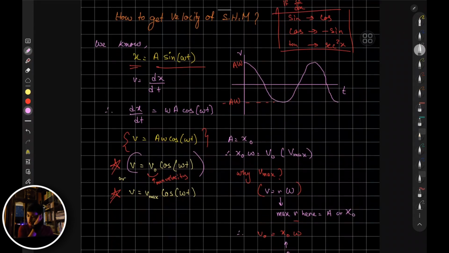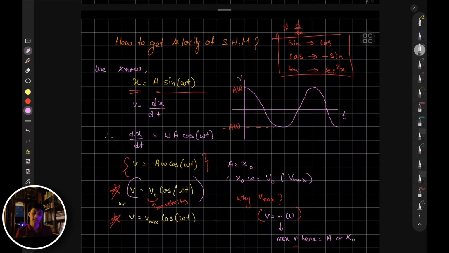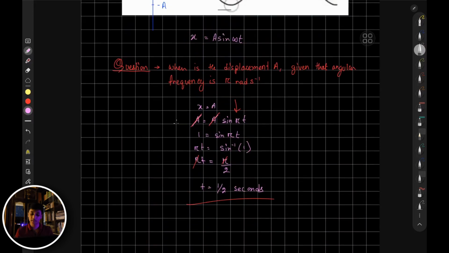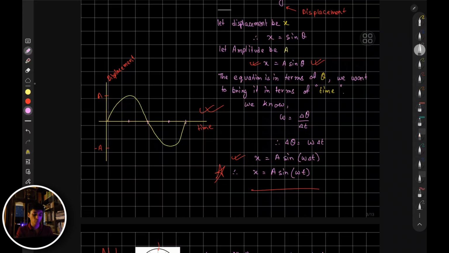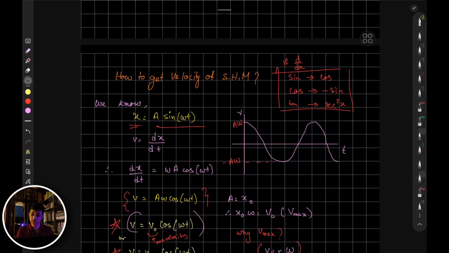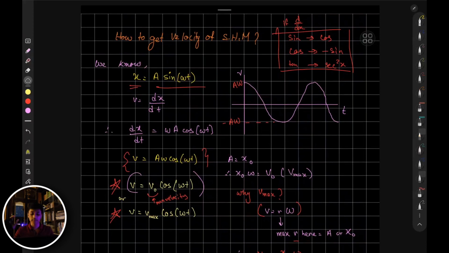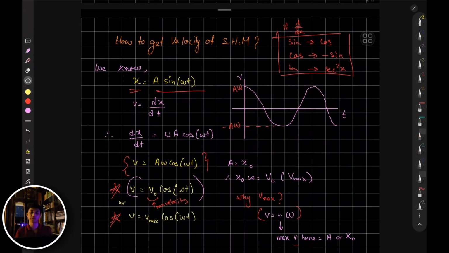So when we draw the velocity curve, you see that it's nothing but displaced by 90 degrees from the initial curve. If you look at the initial curve, which is a sine curve, we have basically moved it 90 degrees, and now we have the curve for velocity. Since you differentiate a trig function, the curve moves by 90 degrees leftwards. That's all that is happening when you differentiate a trig function.